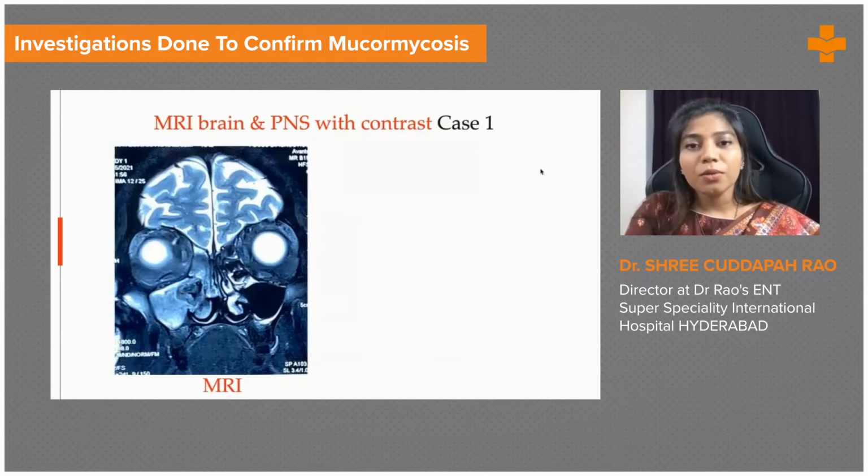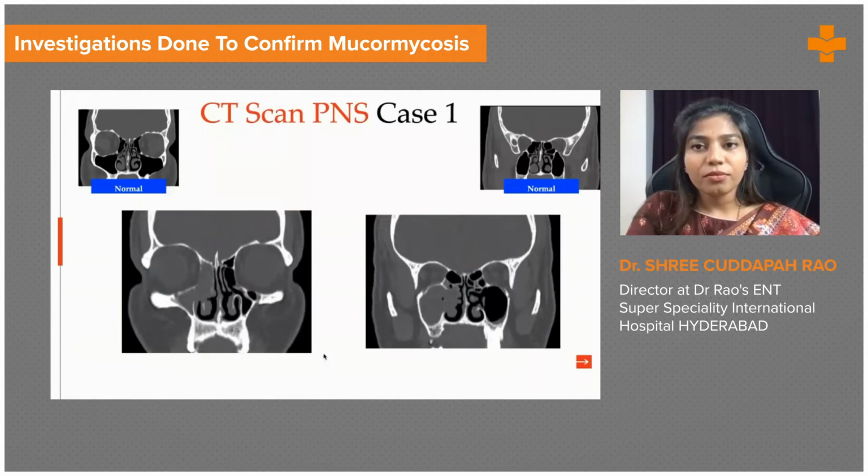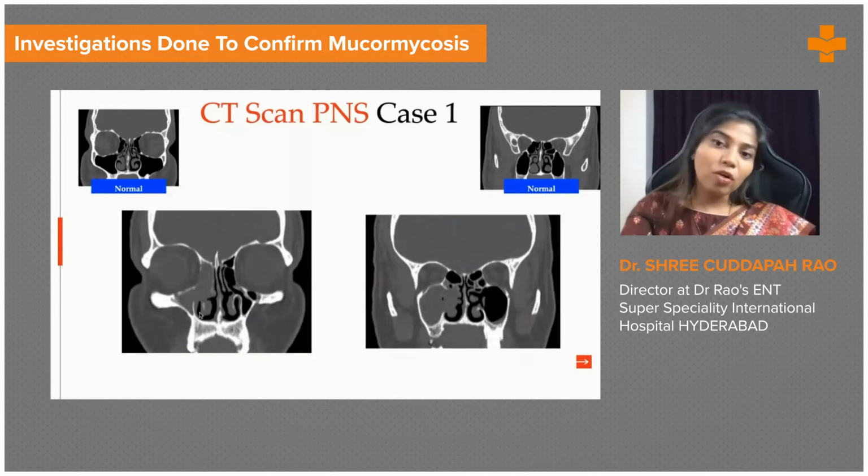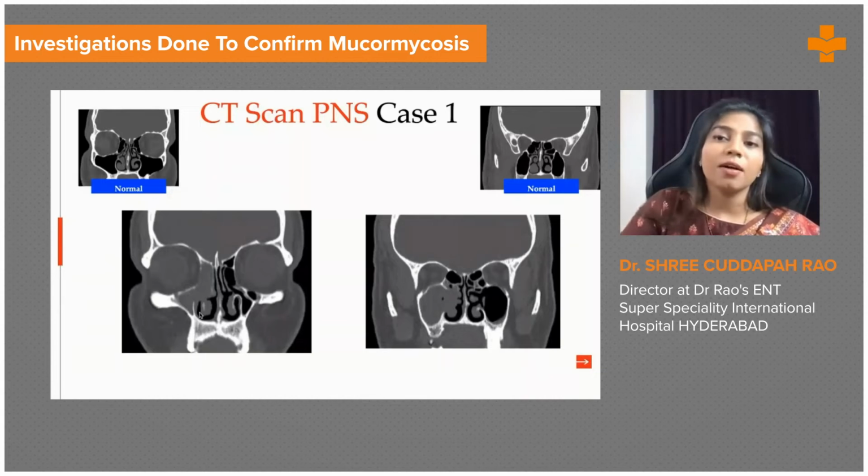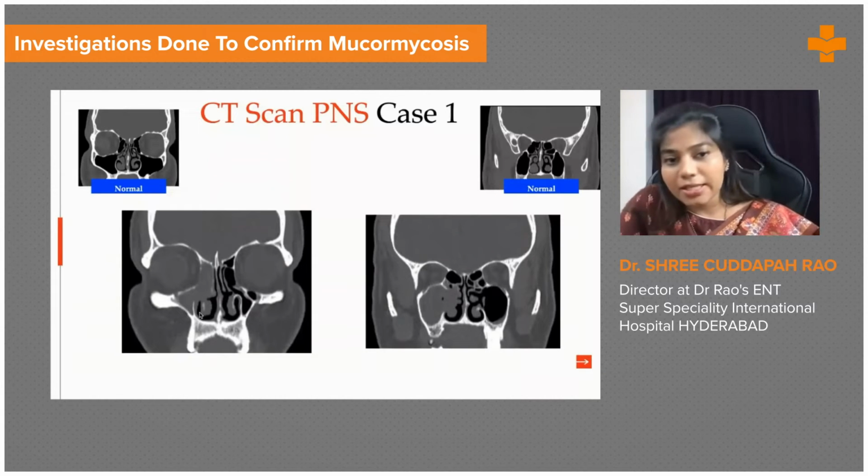Here you could see that the right maxillary sinus and the ethmoidal sinus and the middle turbinate are completely opacified, and we call this appearance right maxillary and ethmoidal sinusitis.